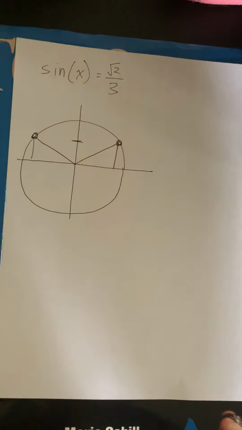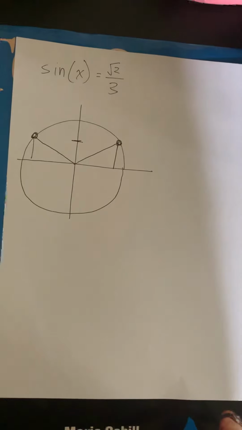Now here's what's unique about this problem. √2 and 3, that should look weird to you because we never see a ratio that has both a √2 and a 3 in it. We see 3 over √2, or rather, √3 over 2. We've seen that one before, √3 over 2.